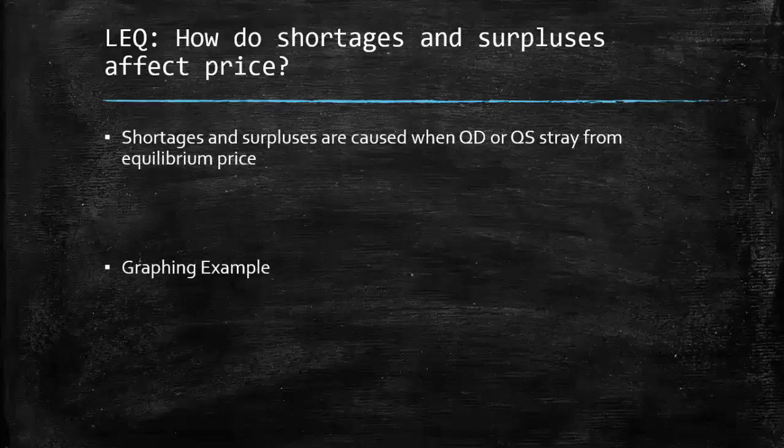Again, in last night's video, I alluded to this. When there is a shift of demand or supply, that is an outright change of equilibrium price, and a shift is caused by the determinants.